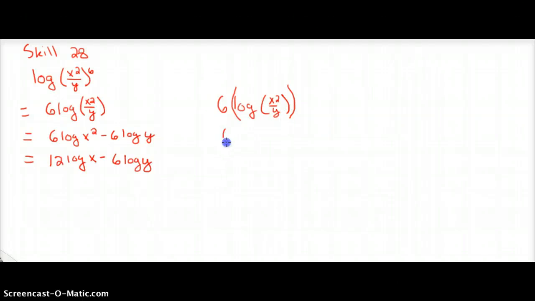So it's almost like I'm saying, alright, I can rewrite this log of x squared over y as 6 times the log of x squared minus the log of y. And then when I distribute this 6 in, that's what's going to cause me to have 6 in front of each of the logarithms, as I do in this step here. And so that's going to be my final answer here.